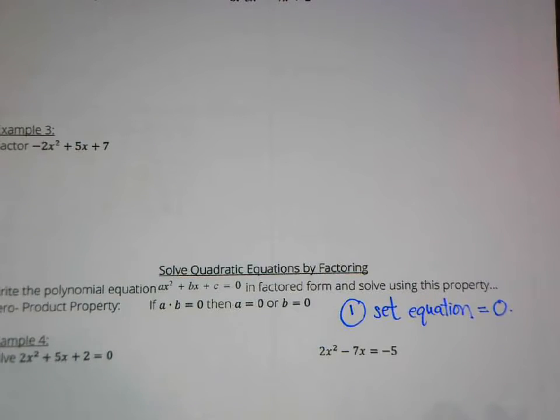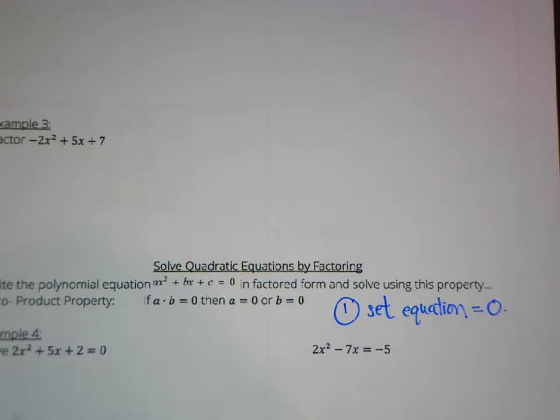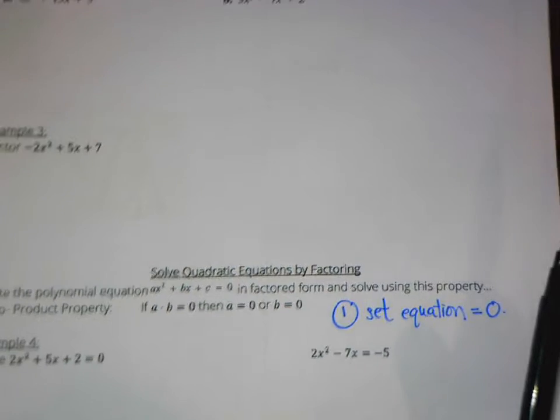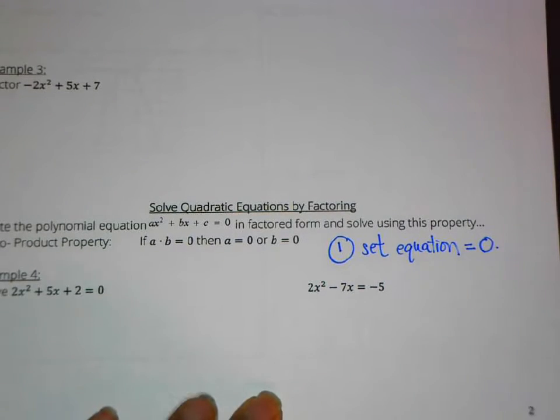Always set the equation equal to 0. So let's take a look at the second example first, before we do some practice on our first example. In this case, you have 2x squared minus 7x equals negative 5.